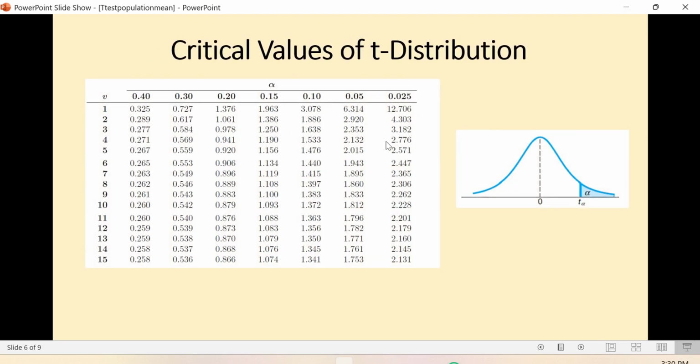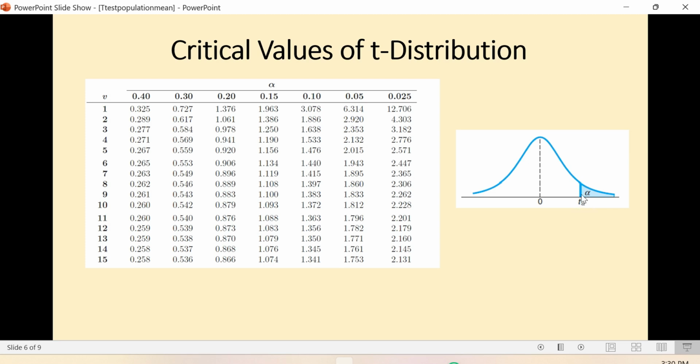And this is the table for the t-distribution. To do a t-test, we have to define an alpha level, for example 0.025 or 0.05.